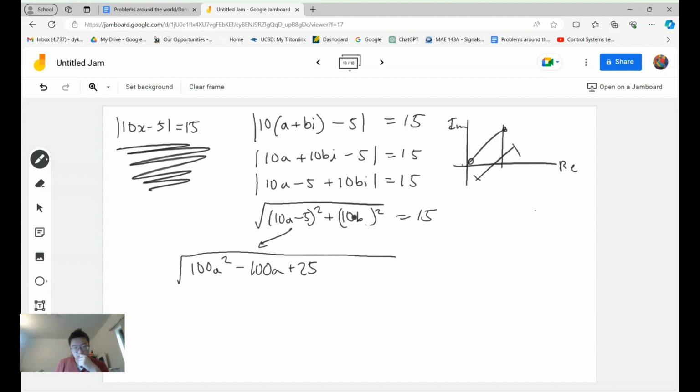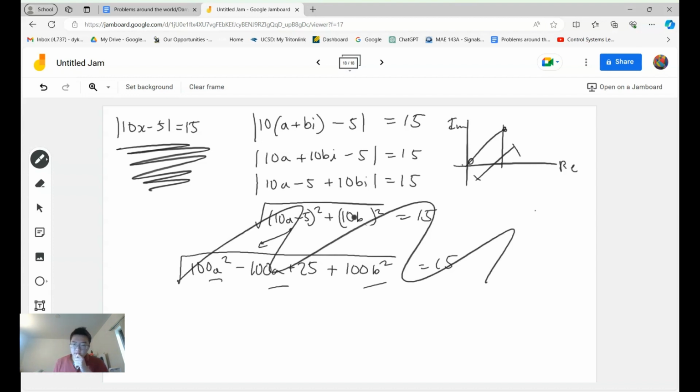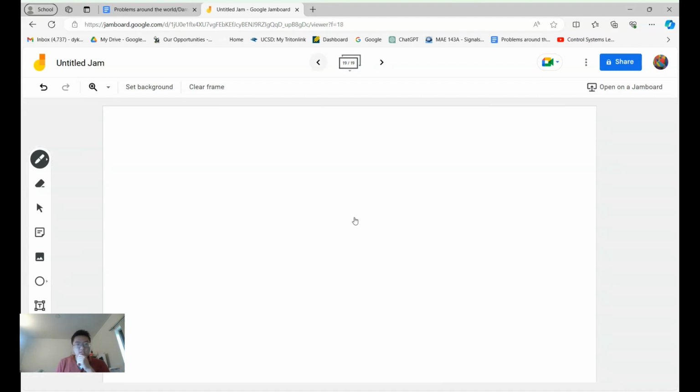We get that plus 100b squared, and then equal 15, and you have to find a and b. Now that's very hard, especially with no information given to the contrary, and I don't think it's actually possible by the human eye.